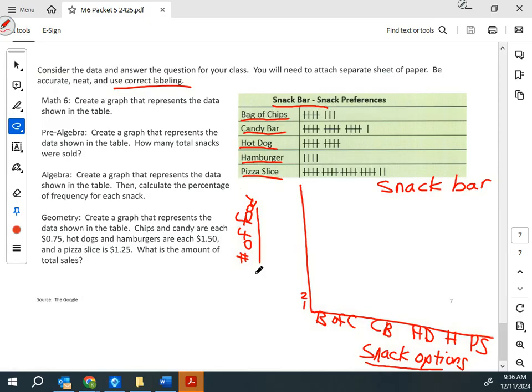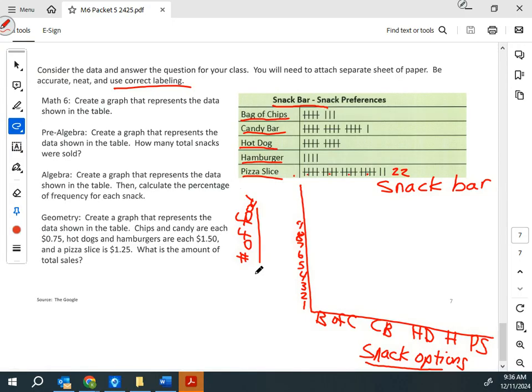So I'm going to put numbers going up. How high up do I need to go? Well, I'm going to look at my biggest snack choice here. 5, 10, 15, 20, 22. I only need to go up to 22. If I run out of space, I might think, maybe I need to skip count by twos. Because I don't have enough room, you can skip by twos.